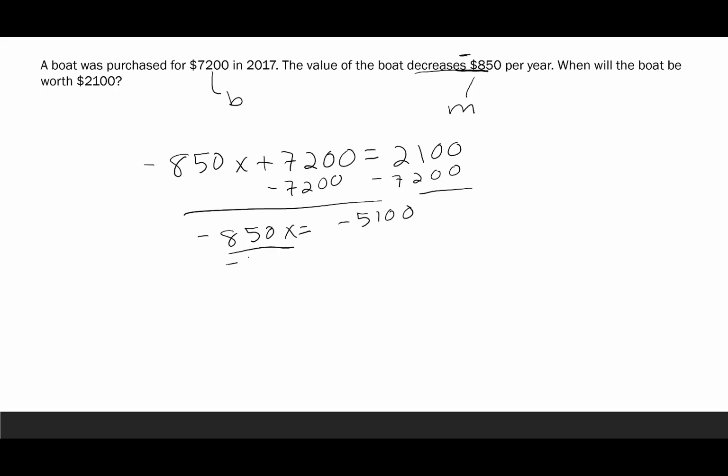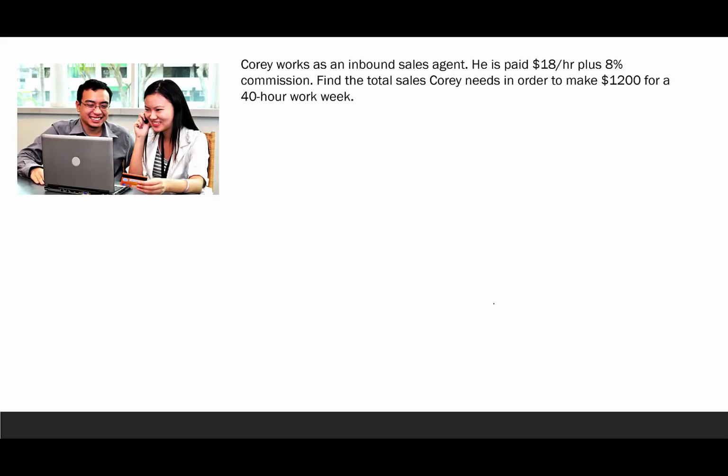Divide by negative 850. And this says x equals 6. So this is 6 years. So 6 years means from the initial time that the boat was purchased, which was 2017, 6 years later will be the year 2023.